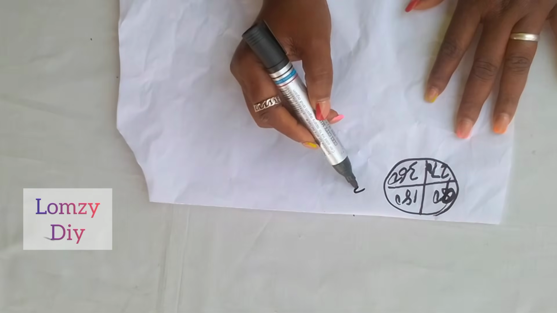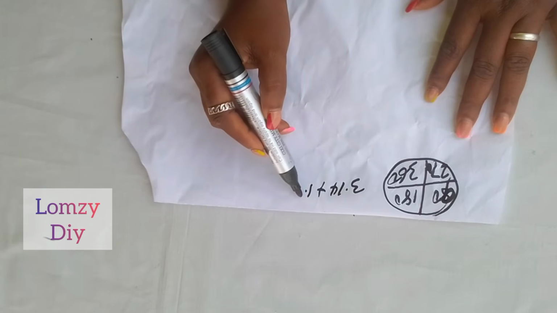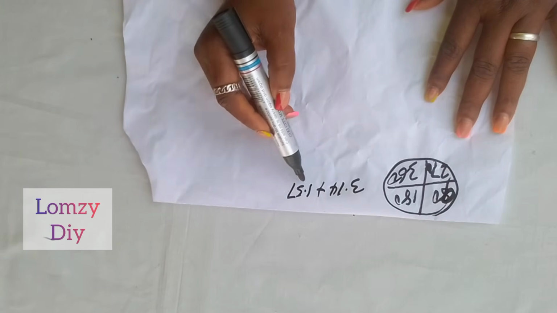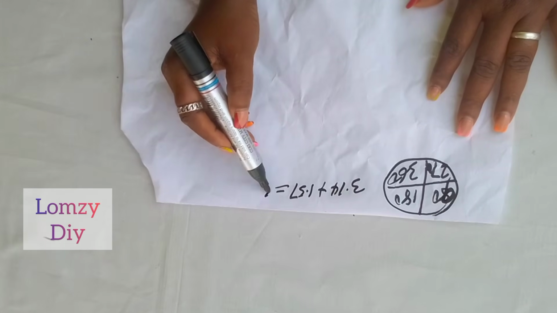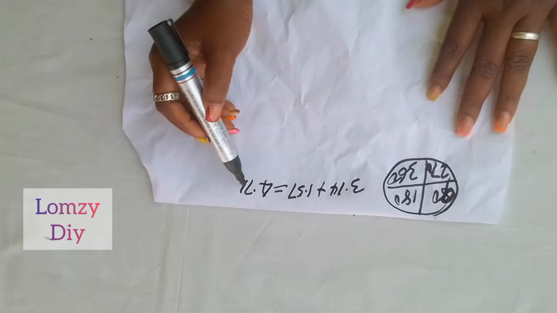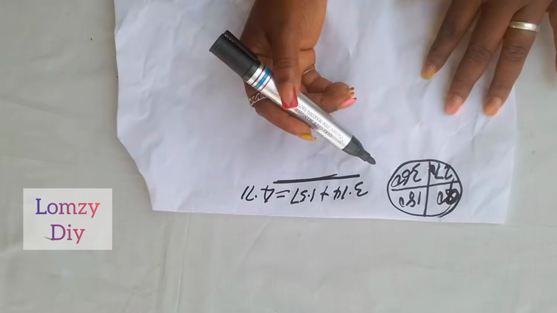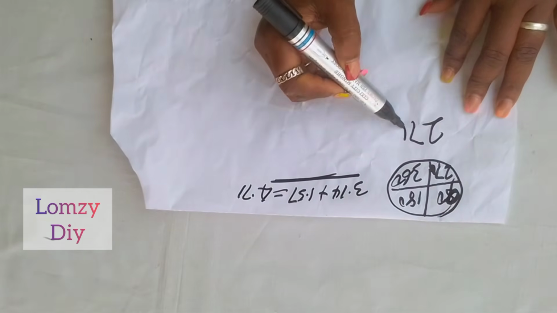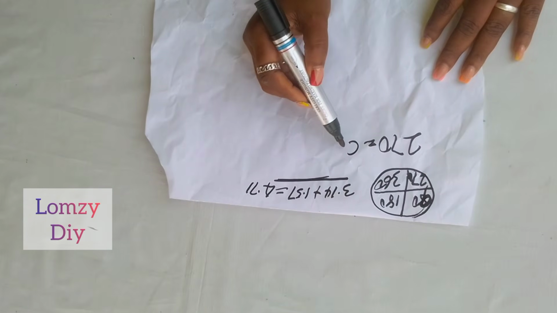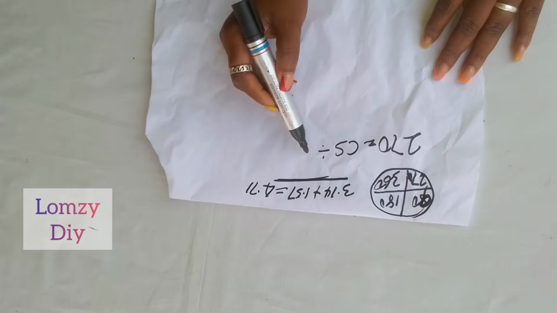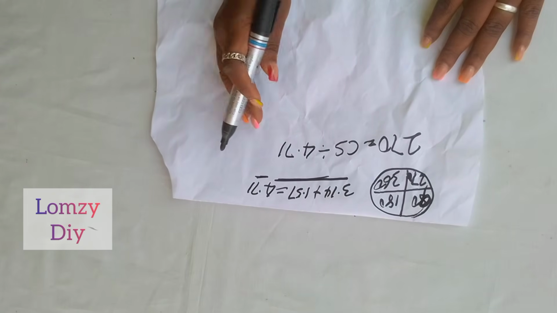So the formula will be 3.14 plus 1.57. We're going to add these two together, which will give us 4.71. 4.71 will be the formula we are going to use for the 270 peplum. This is standard, so you're going to divide the circumference of the skirt by 4.71.